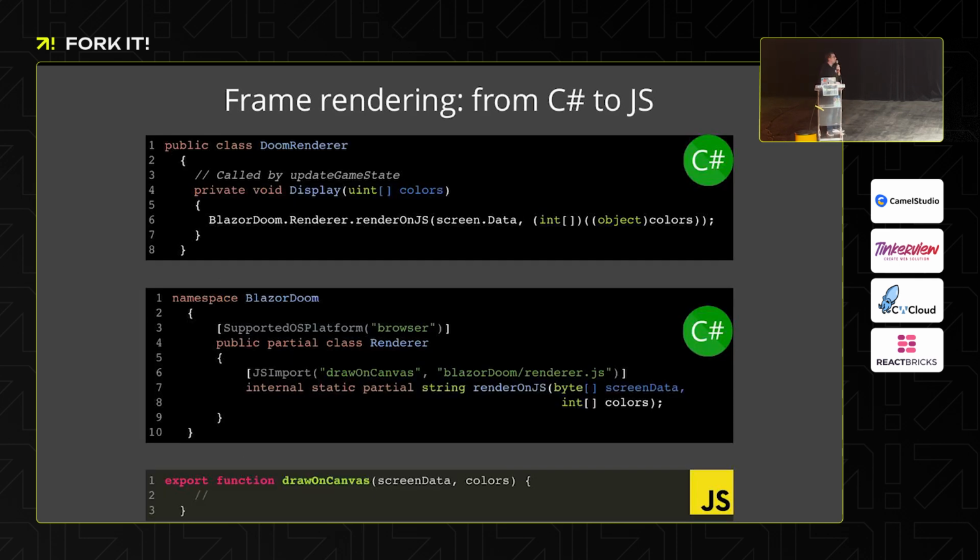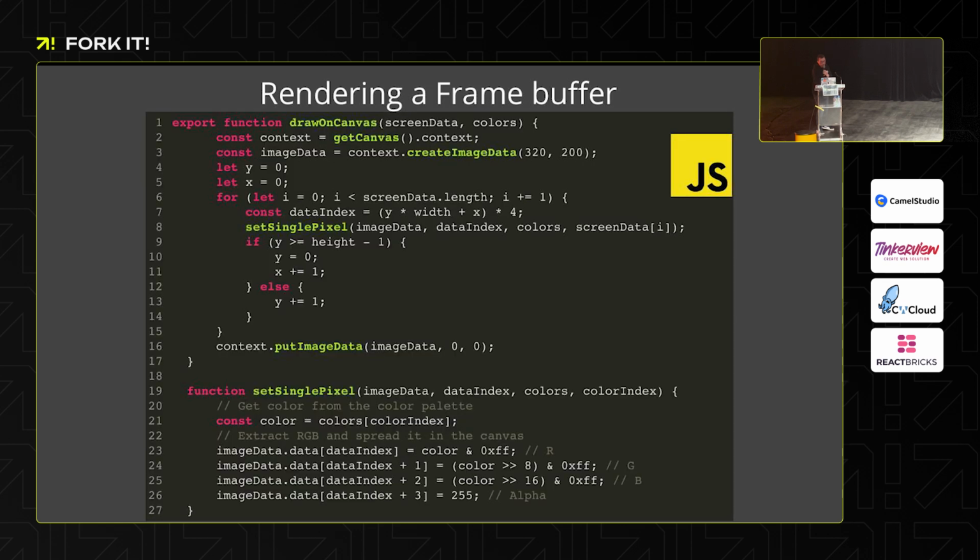So this is the code that renders a frame. Similar to the audio, the frame is already computed by the engine. I just needed to send it into JavaScript. And this is the JavaScript code that draws a frame. So here it's also state-of-the-art canvas usage. Here we distribute the pixels from top to bottom and left to right.